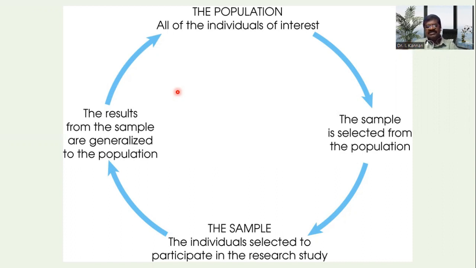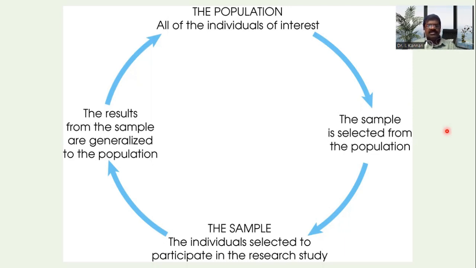So statistics becomes imperative. You cannot avoid it in any research study, because you have to finally prove that your sample is a true representative of the population, and the conclusion you draw from the sample can be applied to the whole population. So statistics forms a very important part.